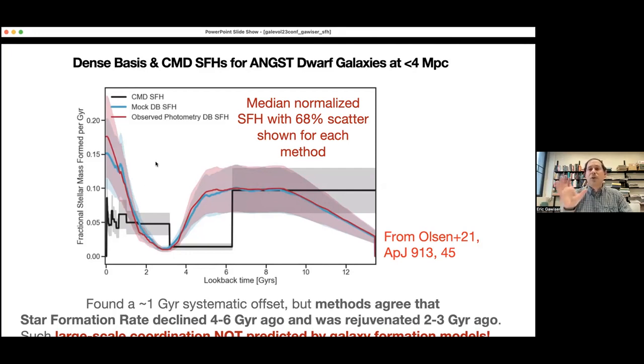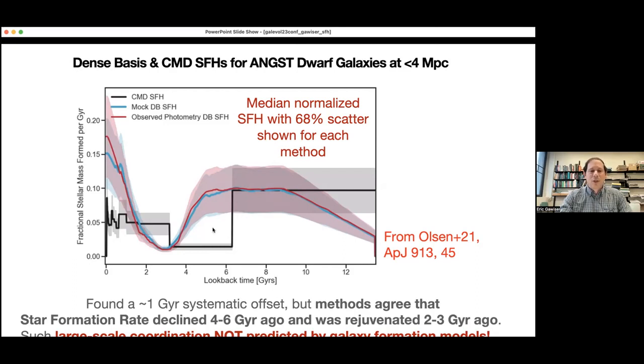Then we took the observed integrated photometry for the ANGST galaxies, independent of the color magnitude diagrams, ran the Dense Basis on them, reported the median star formation history with scatter, and that's shown in the red curve. That red curve is so similar to the blue curve that we see no evidence for any disagreement between these two methods.